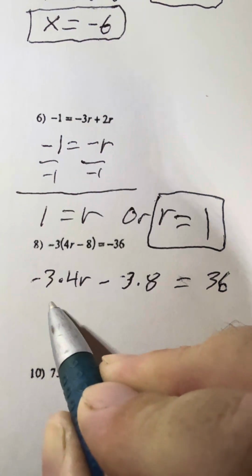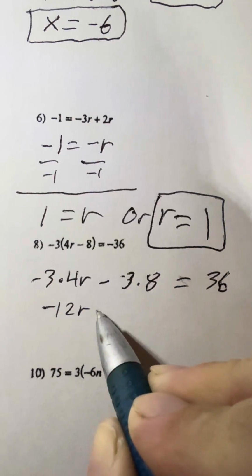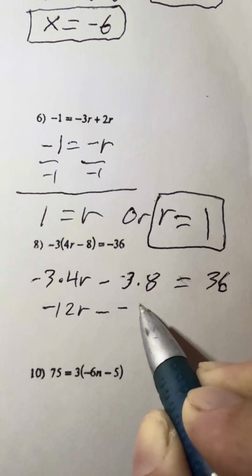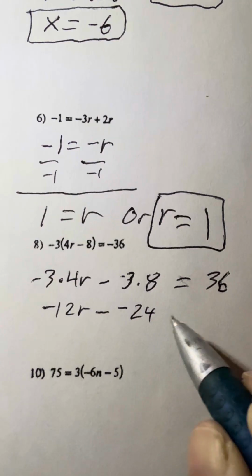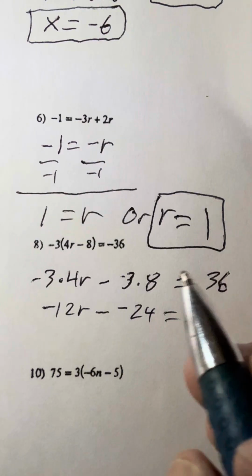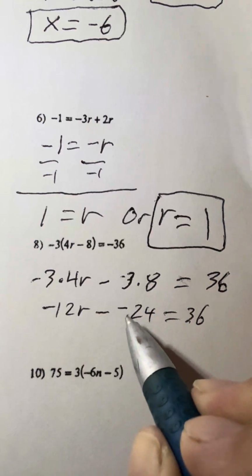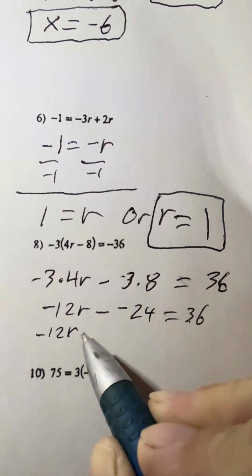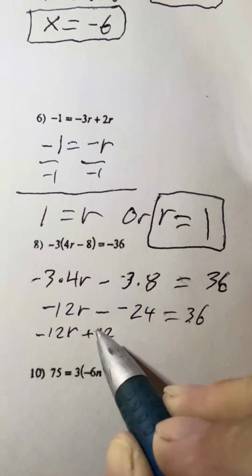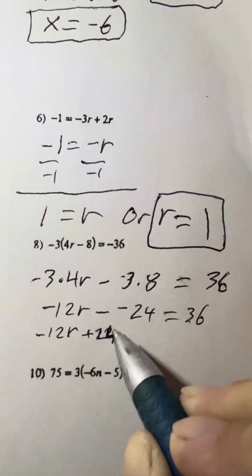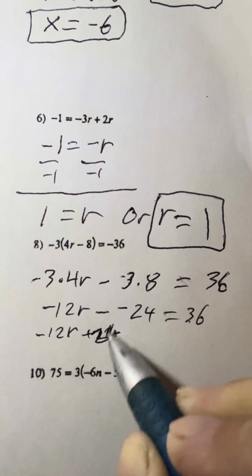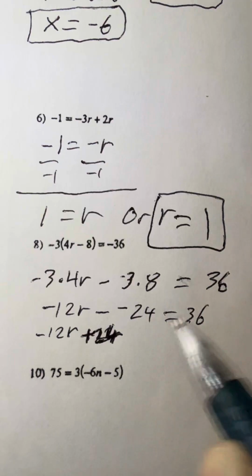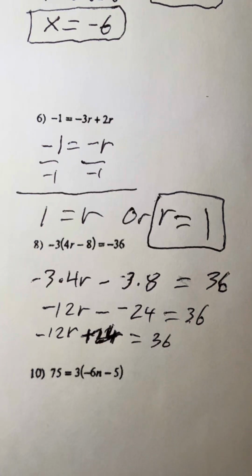Negative 3 times 4r is negative 12r, minus negative 3 times 8, which is negative 24, equals negative 36. Now a negative minus a negative is a positive. So negative 12r plus 24 equals negative 36.